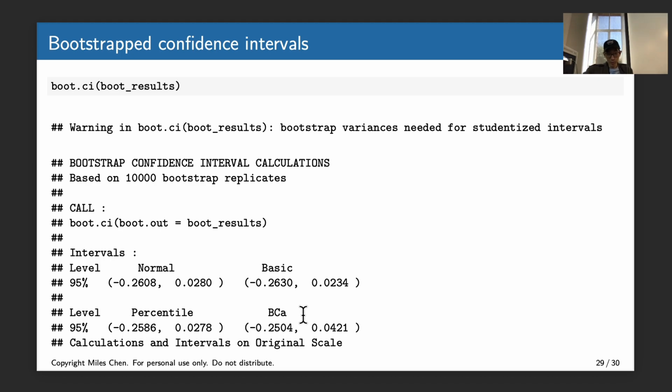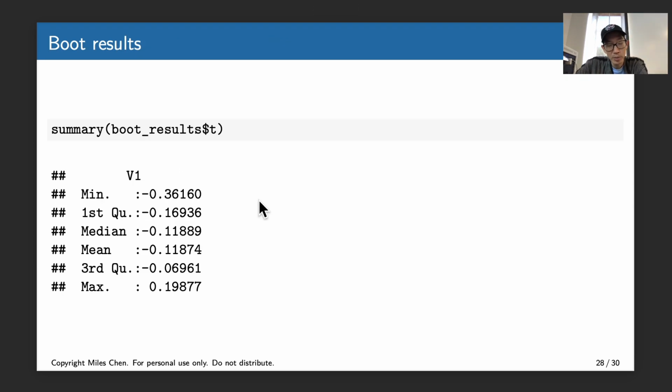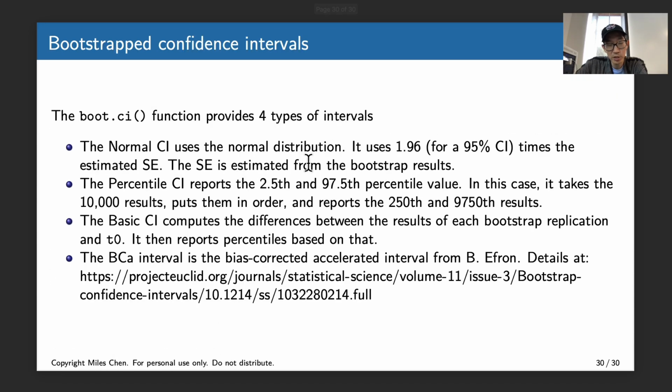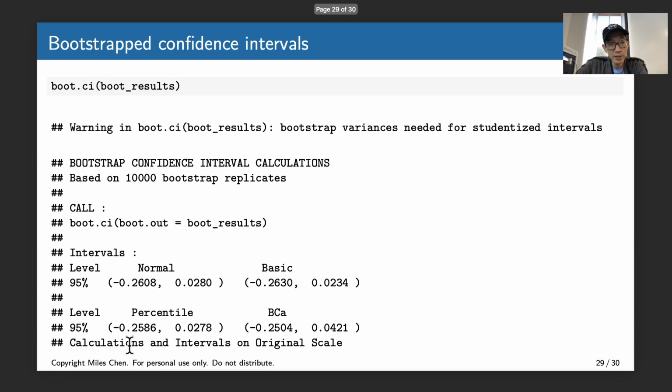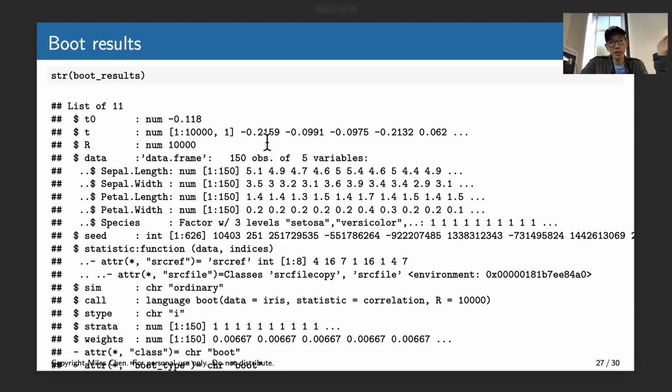What's the difference between these? This is the description of what these things are. The normal confidence interval basically uses the normal distribution. It goes up 1.96 standard errors in each direction, and it uses Bootstrap to estimate your standard error. The percentile confidence interval says we have the sampling distribution of 10,000 values.